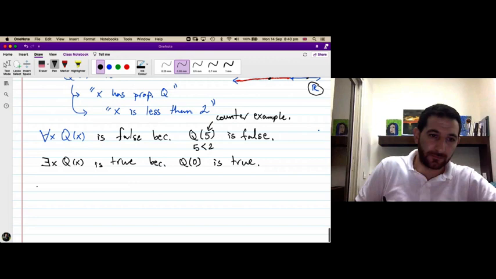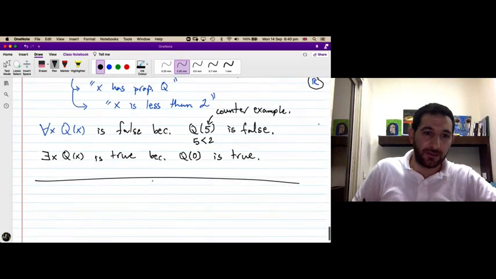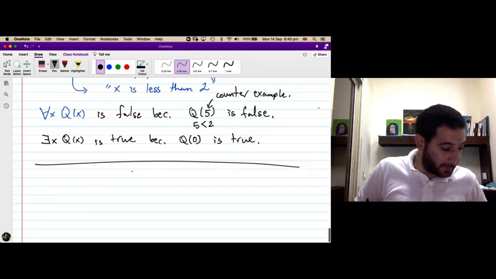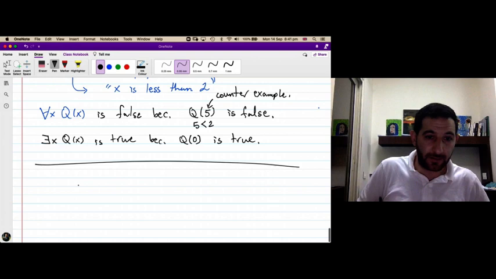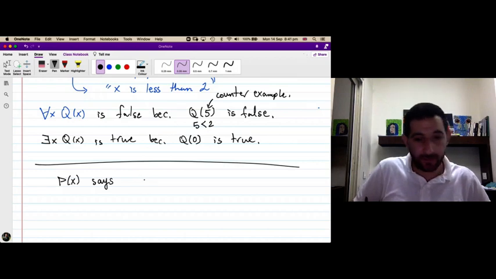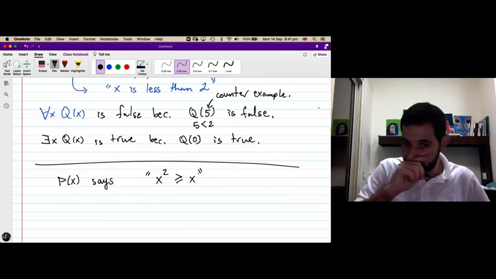Let's have another example. Let's look at the predicate P of x, a statement which involves the variable x, which says that the square of x is bigger than or equal to x itself.